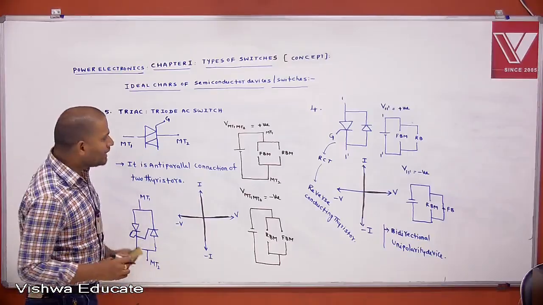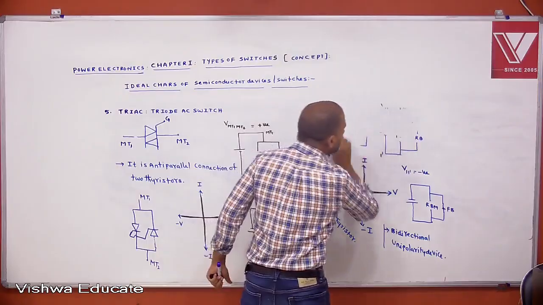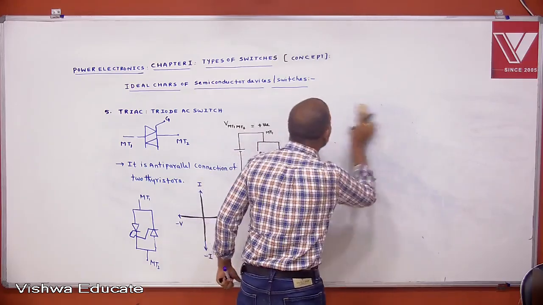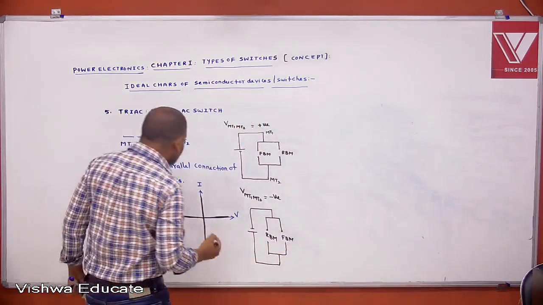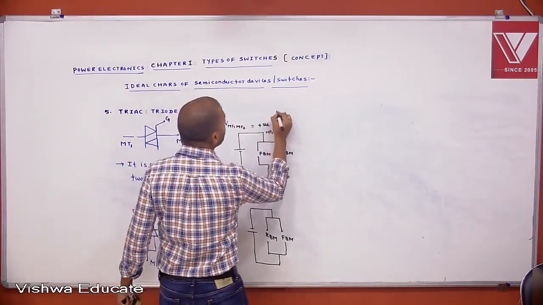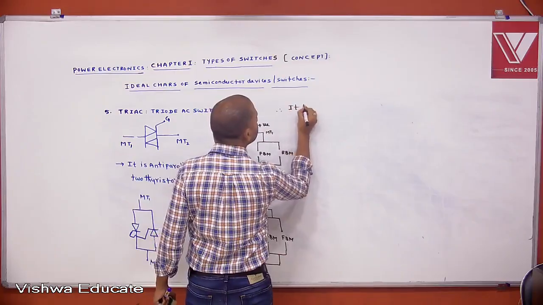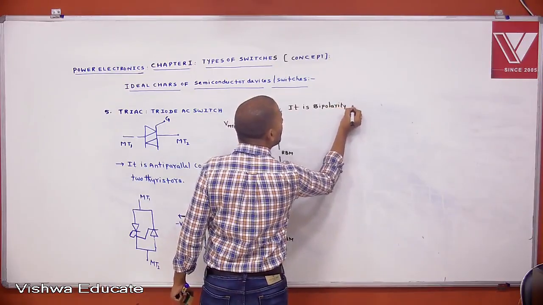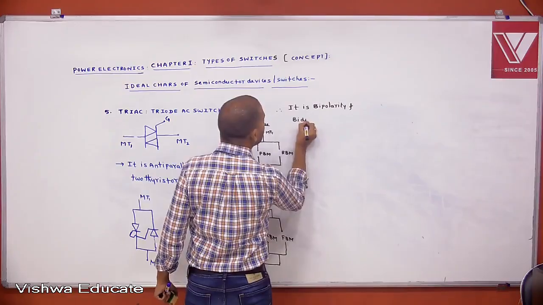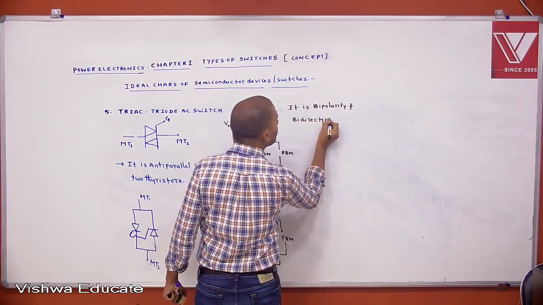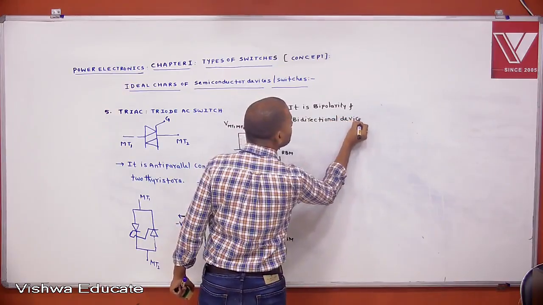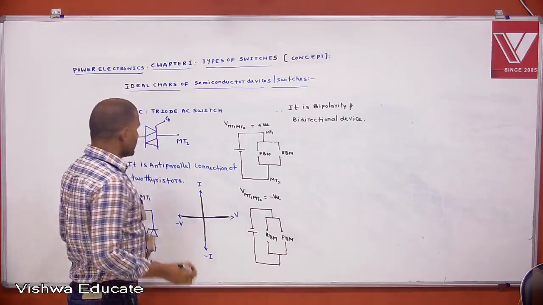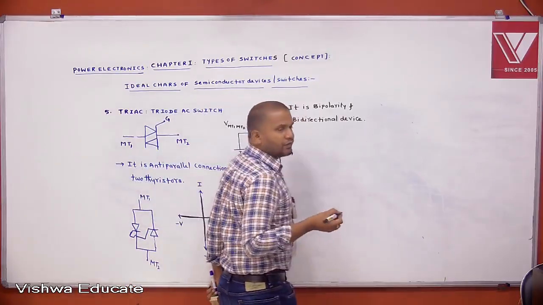It blocks both polarities and conducts in both directions. Therefore, a triac is an example of a bipolarity and bidirectional device. Next, the other types of devices.